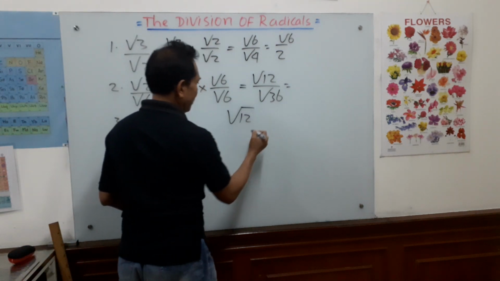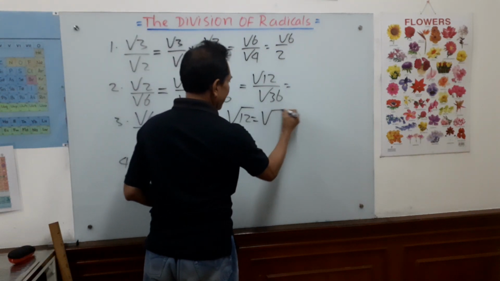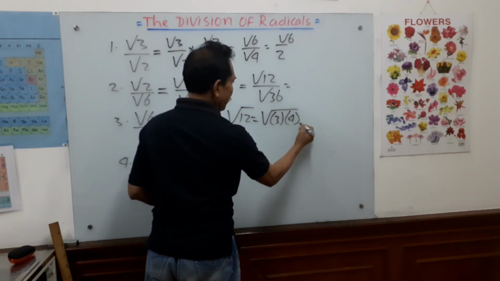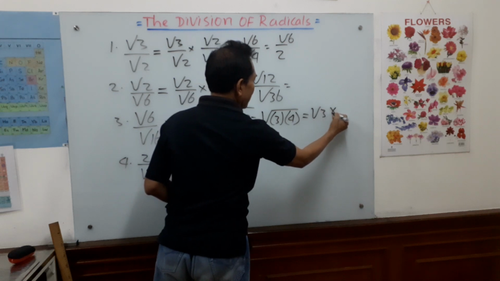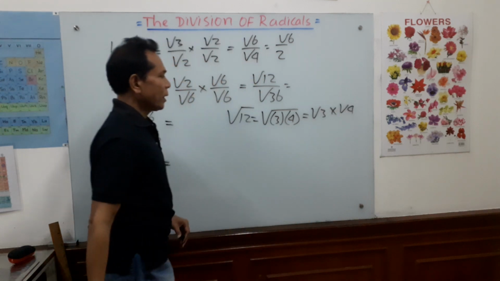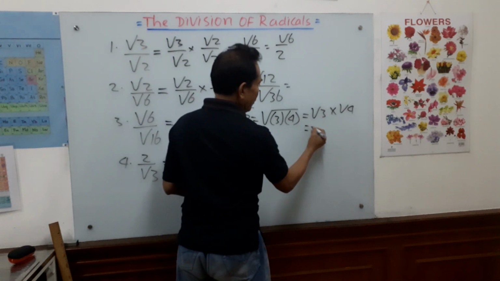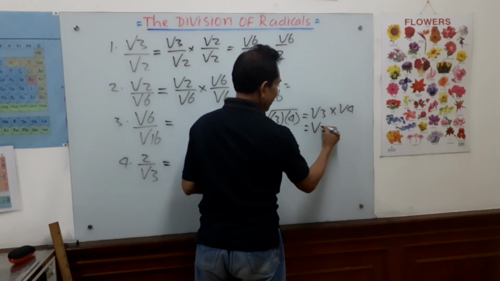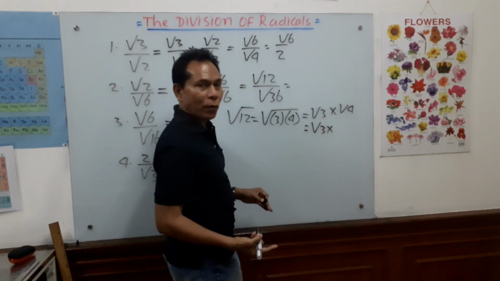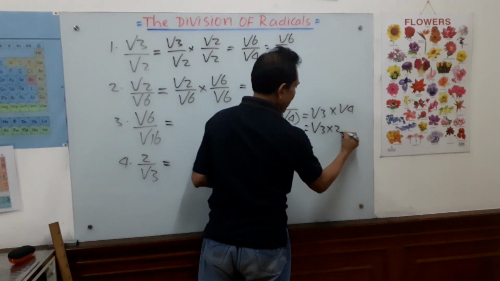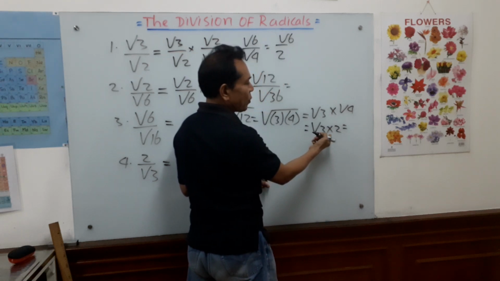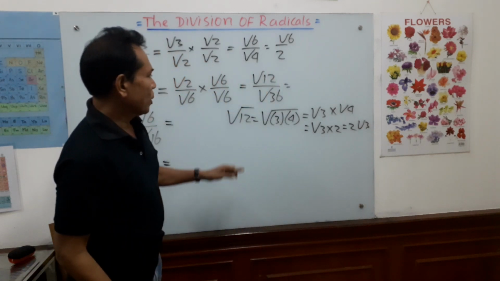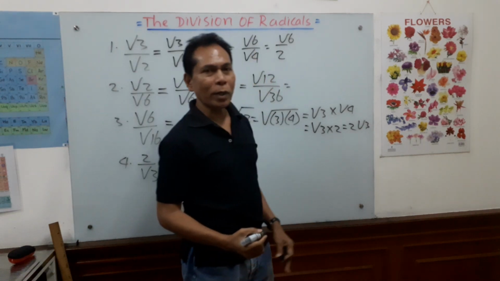Okay, so square root 12 equals square root 3 times 4 equals square root 3 times square root 4, okay? Now, we cannot break square root 3, so we just put it here. Square root 4 is 2, it's a perfect square. So square root 12 is 2 square root 3.